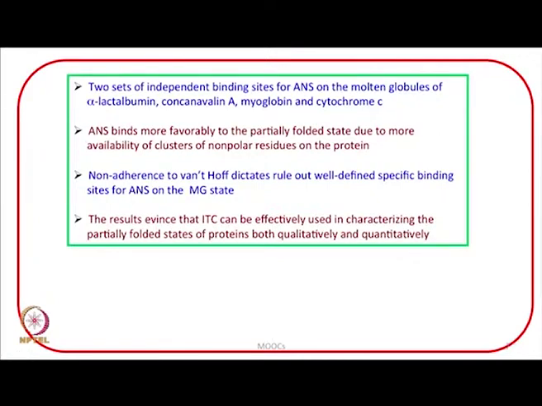If I just take this particular example on binding of ANS with the MG state, what we observed is that the binding is taking place because the isothermal titration calorimetric output profile had a specific binding behavior. And this binding behavior was missing with the denatured state, and the binding was very weak with the native state.